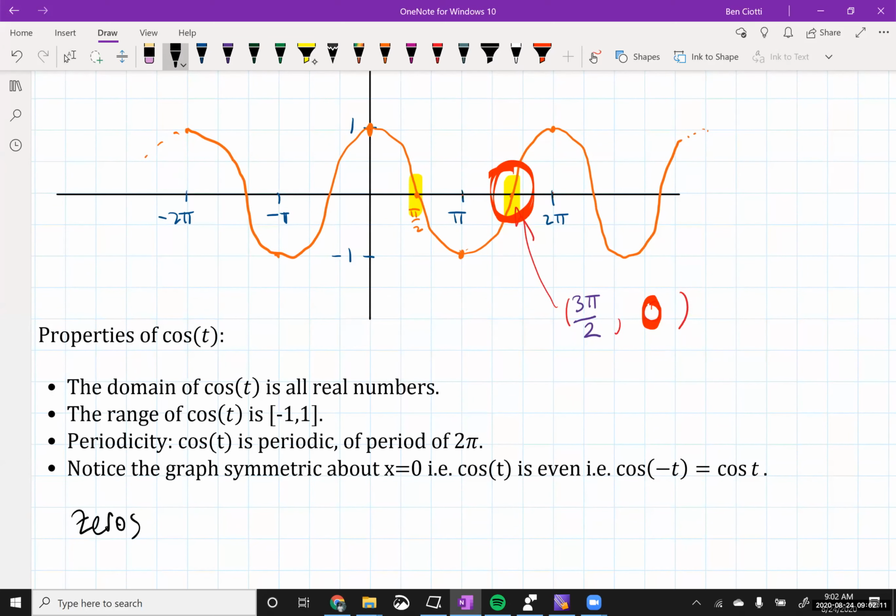So here's a new piece of vocabulary for you. Sine and cosine are examples of sinusoidal graphs. So they're graphs that look like sine or cosine. And I cannot overstate the importance of these sorts of graphs in mathematics, physics, engineering, even pure math.